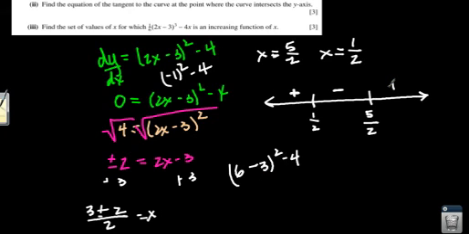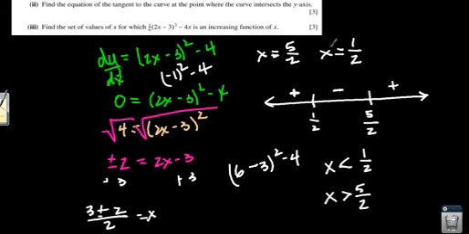So that's positive. Basically, I'm increasing when x is less than a half. And remember, we don't include a half in this because this point is neither increasing nor decreasing because it's a stationary point. It has a slope of 0, so it's just steady there. And the function is also increasing when x is greater than 5 halves.